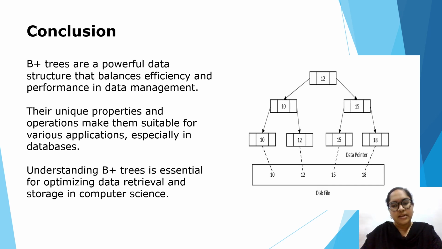That is, a linked list is used to connect the leaf nodes, and the internal nodes are used for indexing, and the leaf nodes are the actual nodes that store the data. So here also the same points are mentioned, that B plus trees are powerful data structures that balance efficiency and performance in data management. And understanding B plus trees is essential for optimizing data retrieval and storage in computer science. So this is my conclusion.